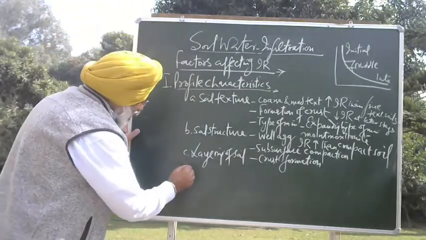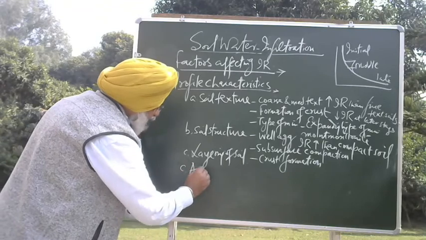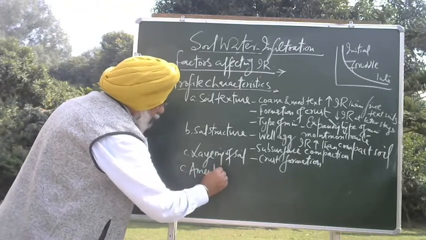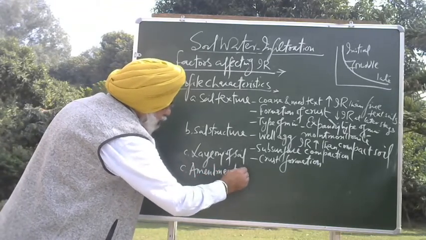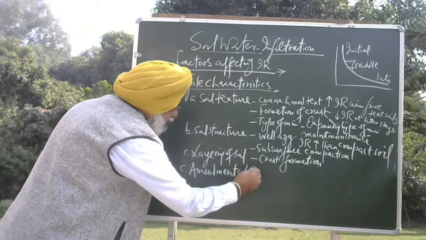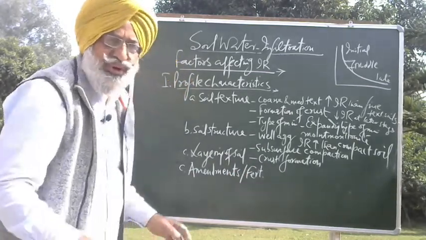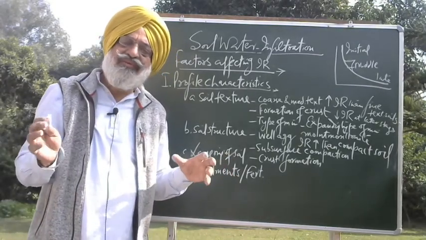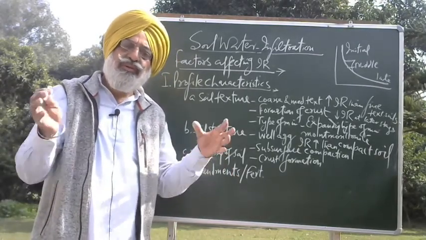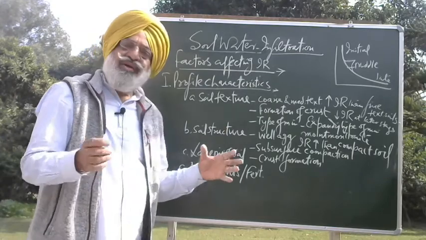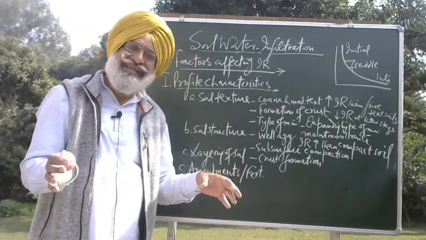Then it also depends upon the amendments which you are adding. Let me tell you the most important amendments and even fertilizers. The most important thing is the sodic soils, which you might be aware of. In sodic soils, water remains stagnant at the surface.